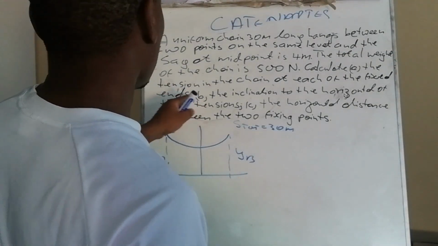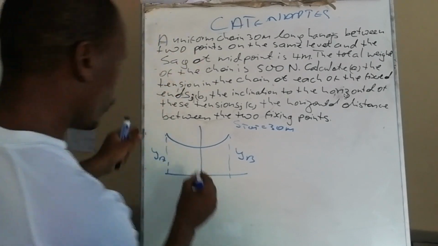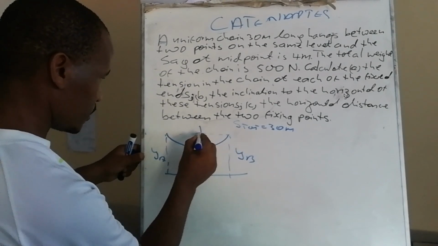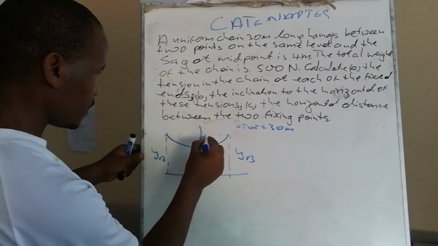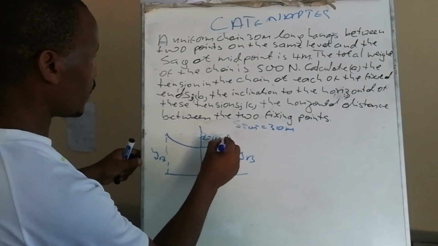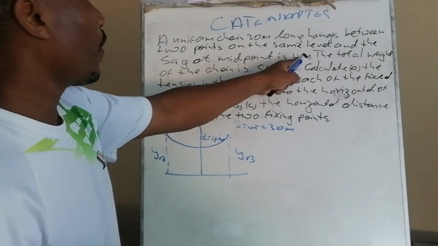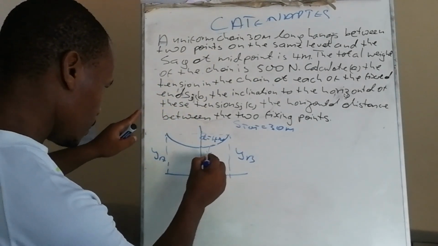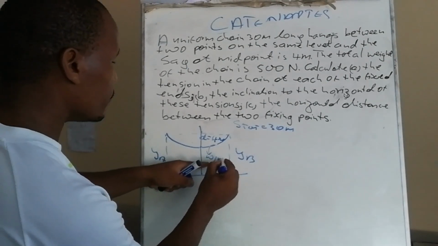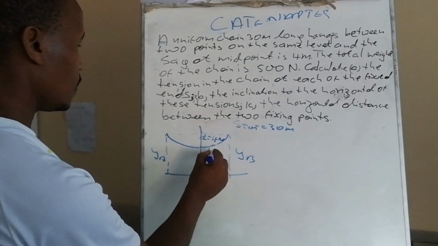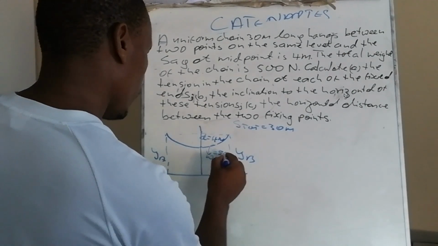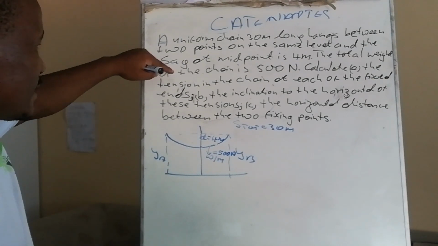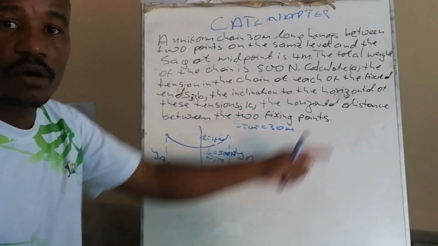Now, the sag at the midpoint, the distance from here to there, D is the sag, and it is given as 4 meters. The total weight of this chain, the weight is always per meter, guys. The total weight of this chain is 500 Newton. Calculate the tension in the chain at each of the fixed points.